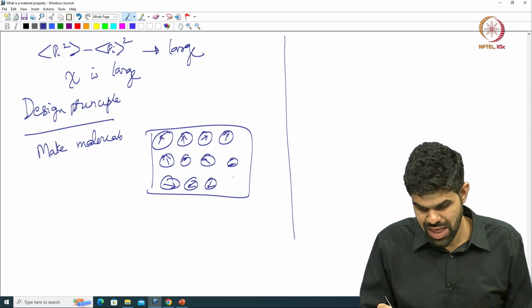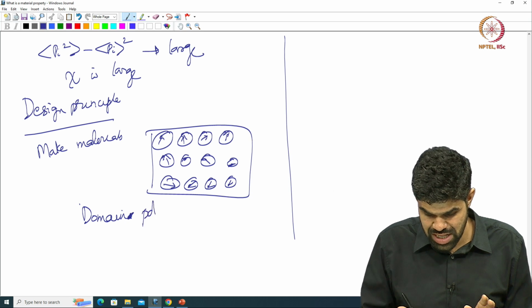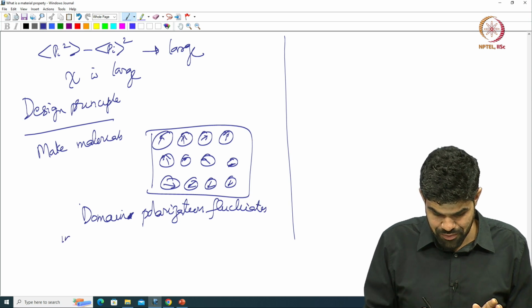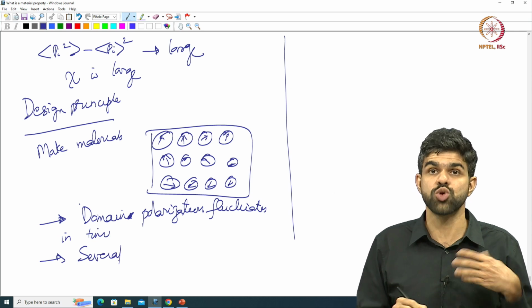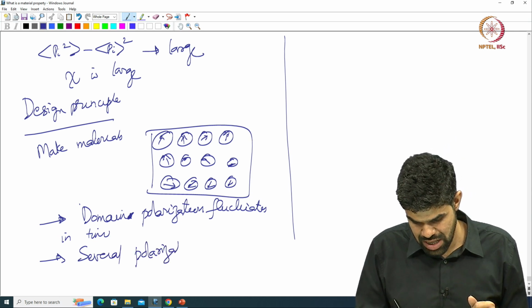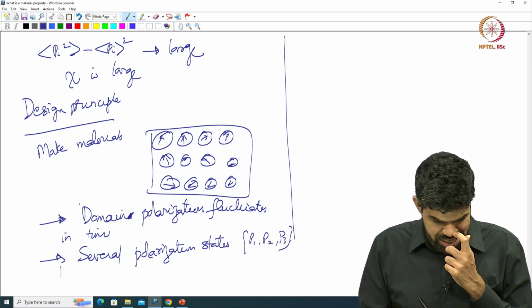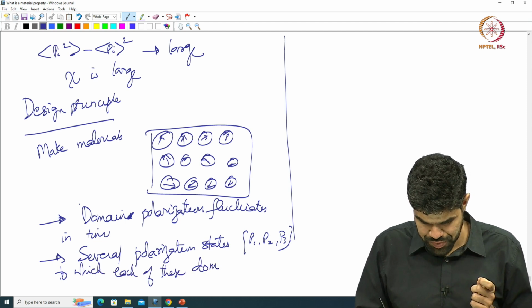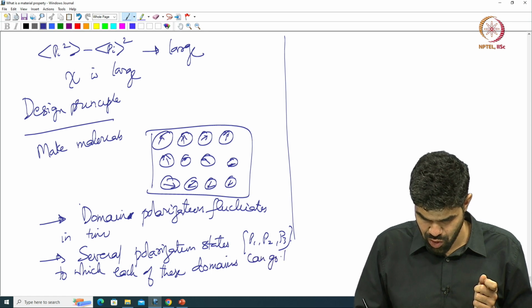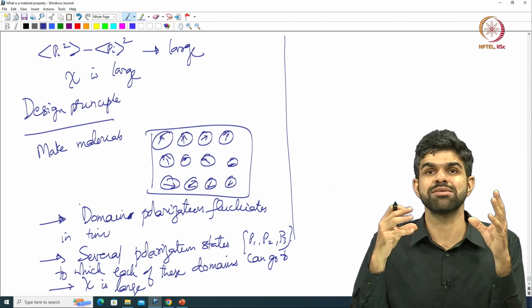So, domain polarization fluctuates in time, and there are several polarization states to which each domain polarization can go, P1, P2, P3 etc. Then my susceptibility is large, or this material can be easily polarizable, right.